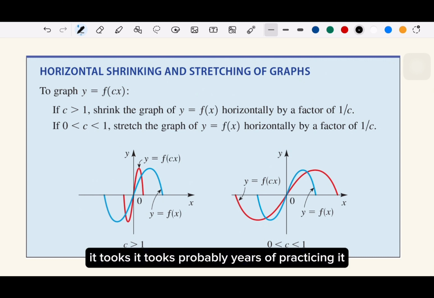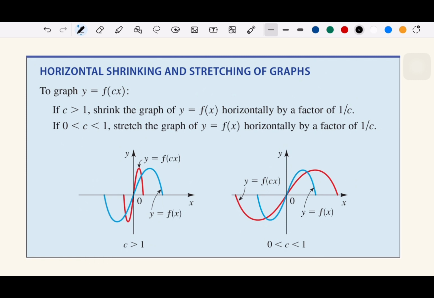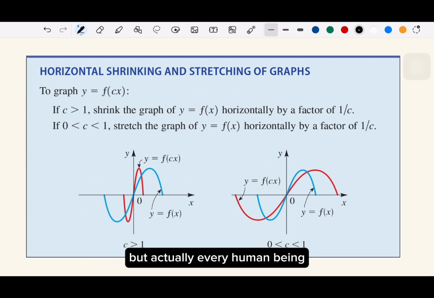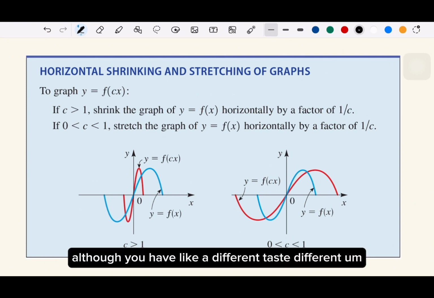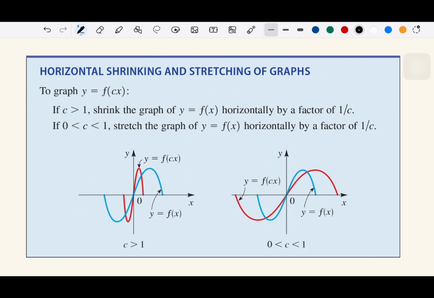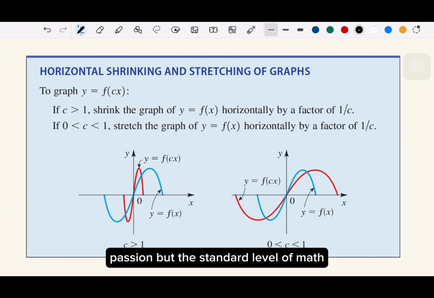It probably takes years of practice, but actually every human being, although you have different tastes and different passions, has the potential to master the standard level of math.